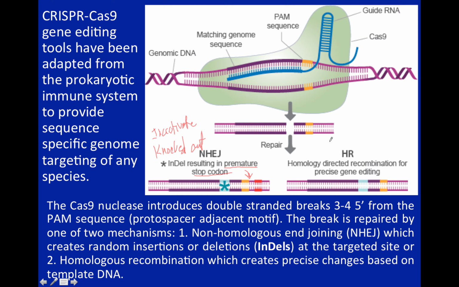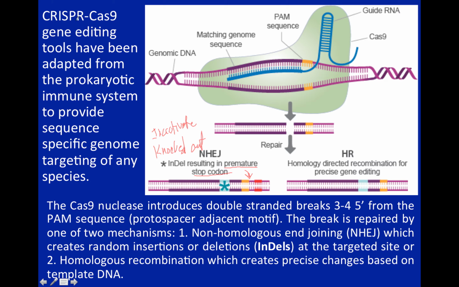Well, if you supply at the same time homologous DNA, then the DNA repair mechanism for homologous recombination will occur, and you can end up swapping out the mutated DNA and inserting in its place, in precisely its place, the repaired segment of the DNA.